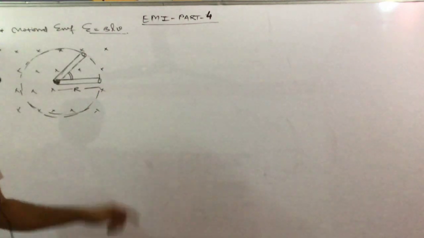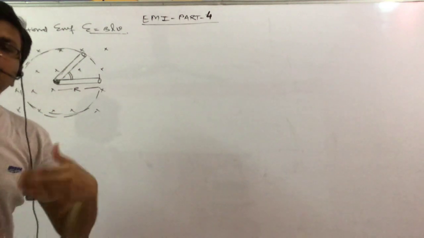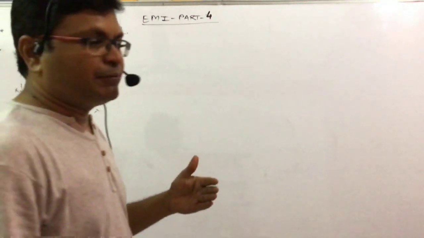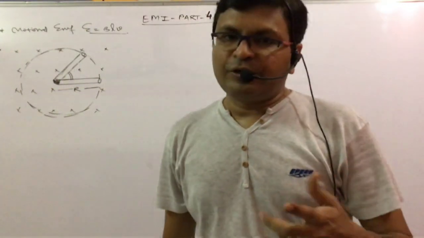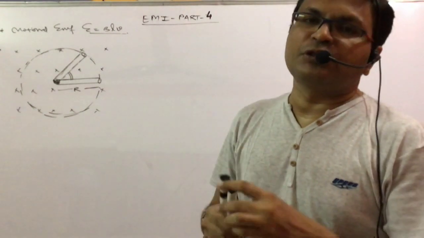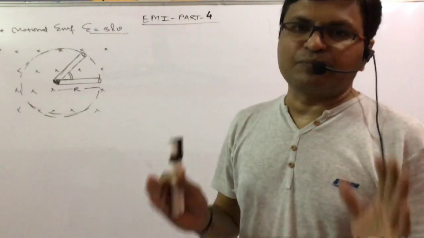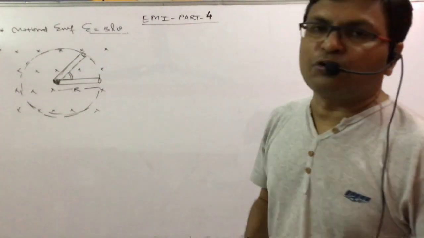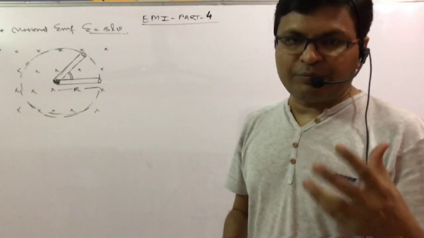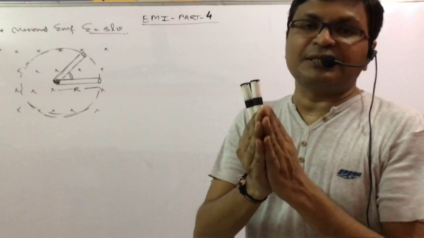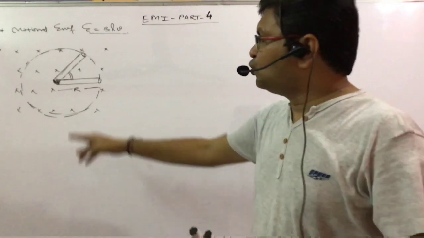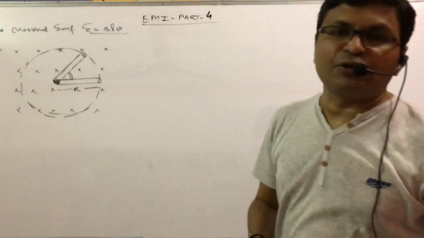So obviously the rod performs motion inside the magnetic field. You know that very well, because of the concept of motional EMF, induced EMF is produced. We would like to derive the formula for the induced EMF, or motional EMF, induced due to the motion of this metallic rod.